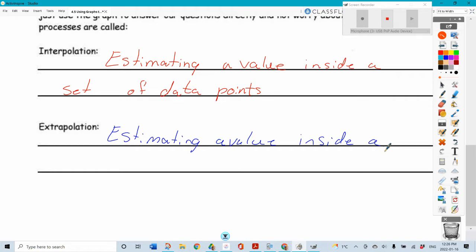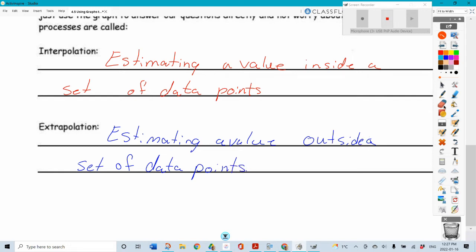See, I just started copying the one from up above. Estimating a value outside a set of data points. Okay.